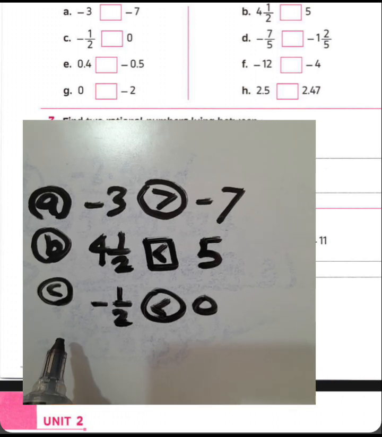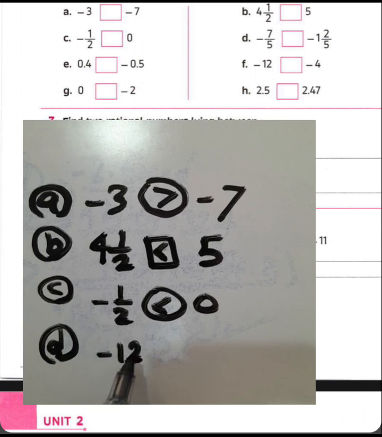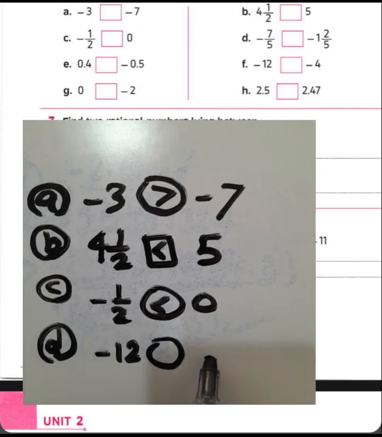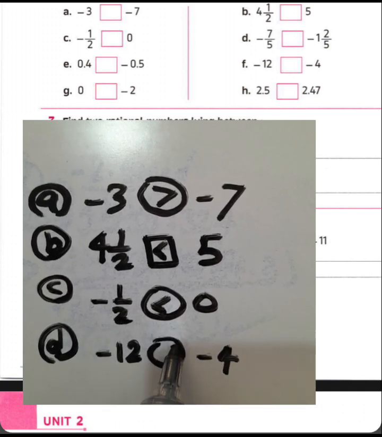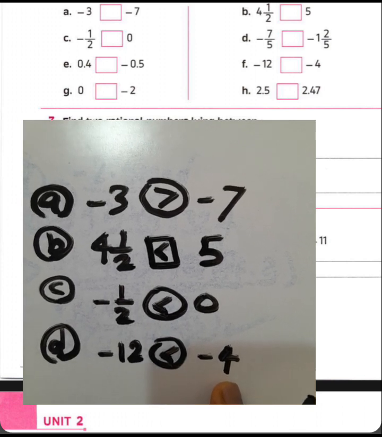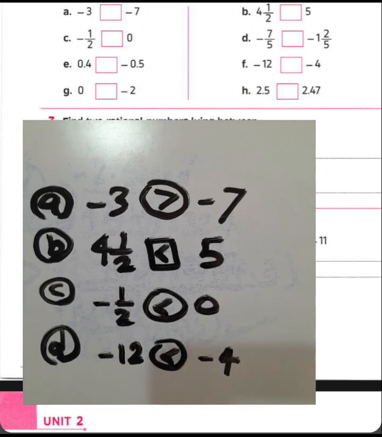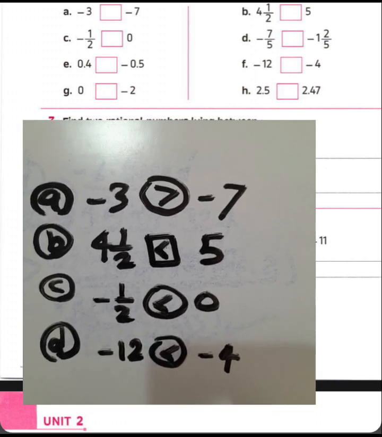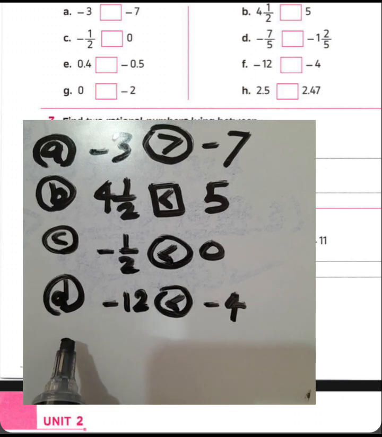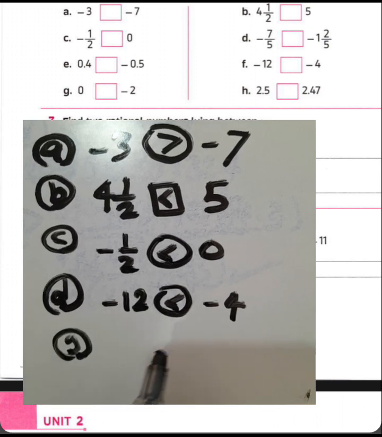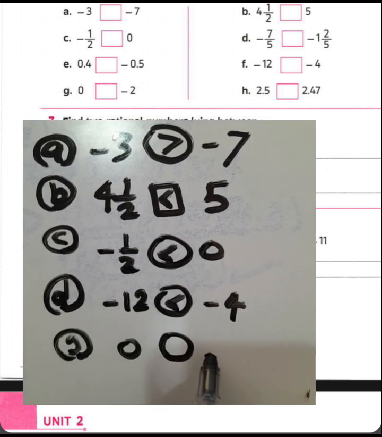Question letter D, negative 12 or negative 4. We know negative 4 is nearest to 0, then negative 4 is greater than negative 12, so negative 12 is less than negative 4. Question letter G, 0 or negative 2.